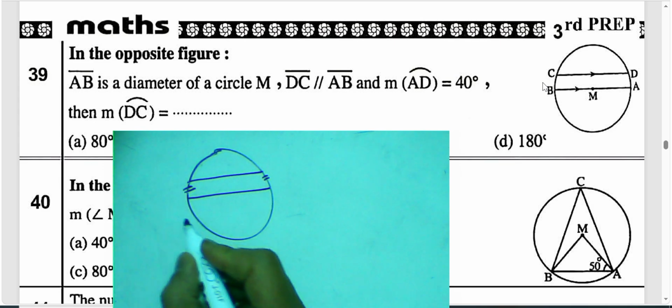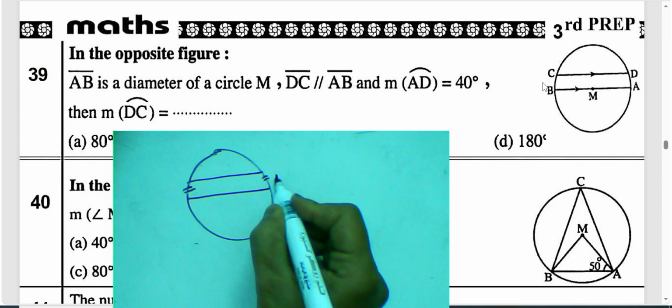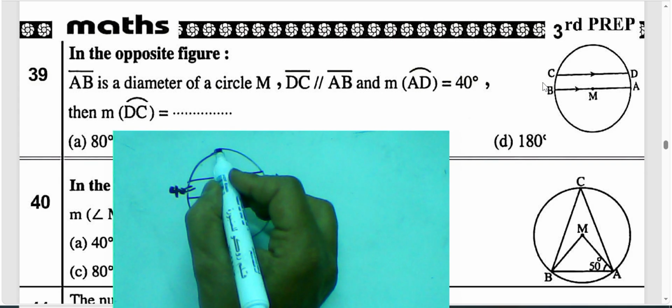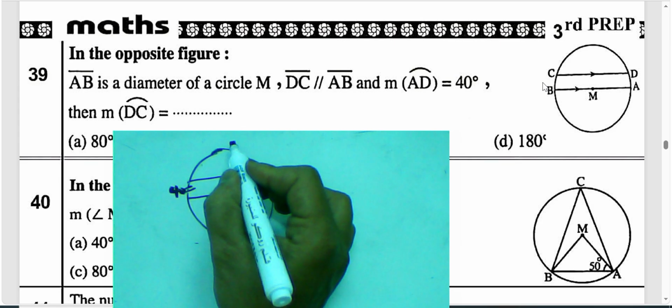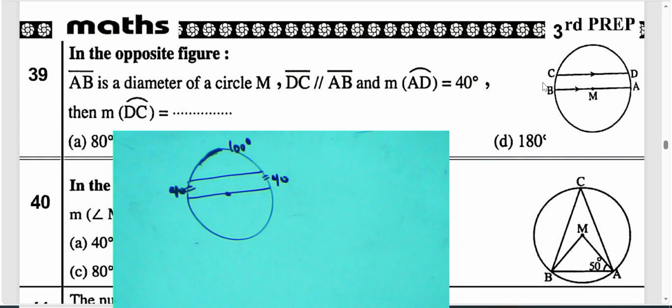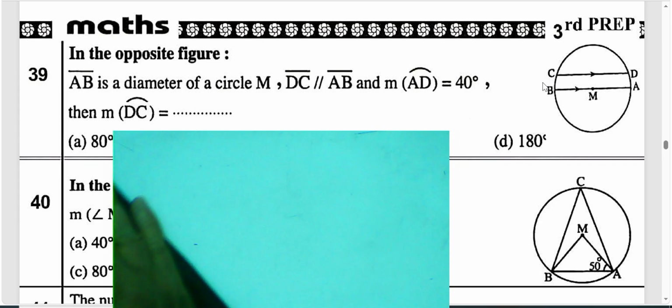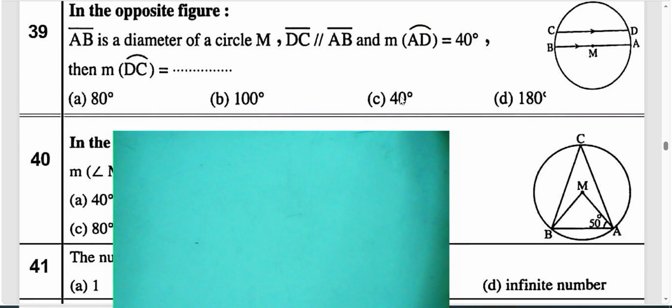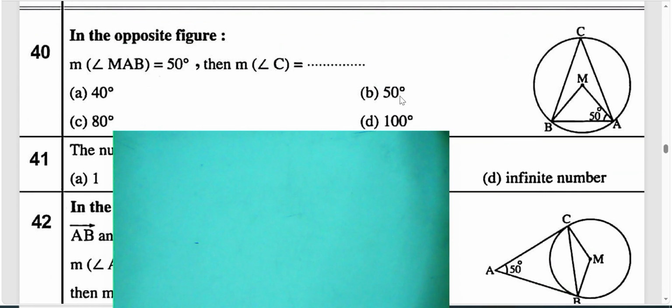This arc is equivalent to this arc, we have 40 and 40. 40 plus 40 is 80. Subtract from 180, equals 100 degrees. Then the measure of this arc will be 100 degrees. The measure of arc CD will be 100 degrees. Choose letter B. Next question here.